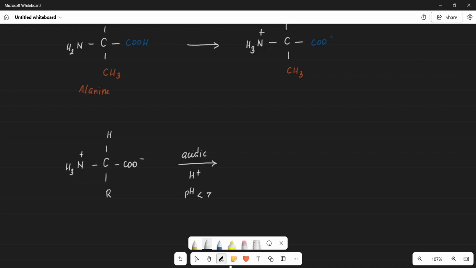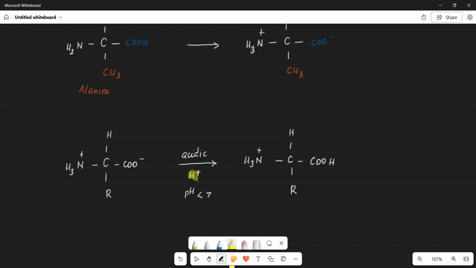This is a positive ion supplied by the medium, and out of this positive and negative pole, the negative pole gains this positive ion. So you are going to see NH3 plus is intact, it's not going to get affected, and the hydrogen stays as it is, the R stays as it is, the COO minus is going to gain this hydrogen.